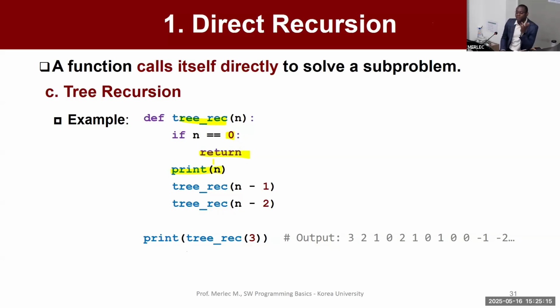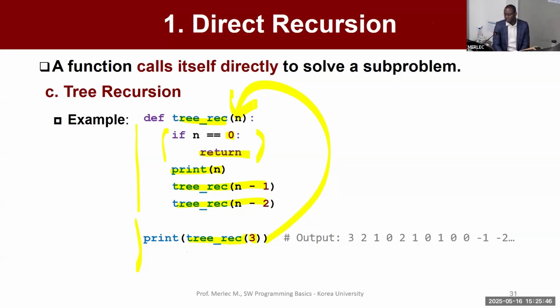We will print the value of n, and then we'll call the recursive function with n minus 1. Then we call it with n minus 2 until we reach this base case condition to exit the function. This is the part of the definition, and then in the body of the program, where we call the function, we just have to provide the function call by calling its name and sending an argument value that will be passed to the function and received by the n variable. This will print like this.